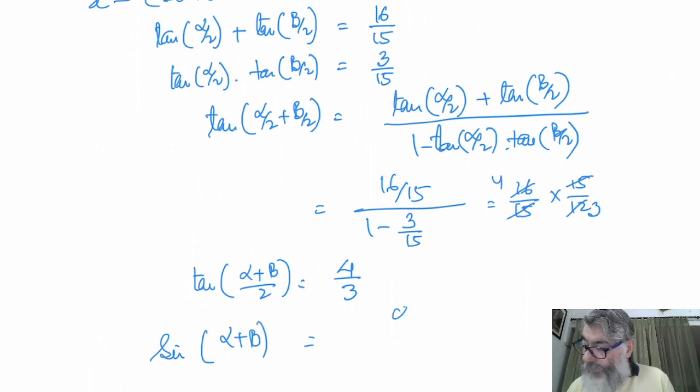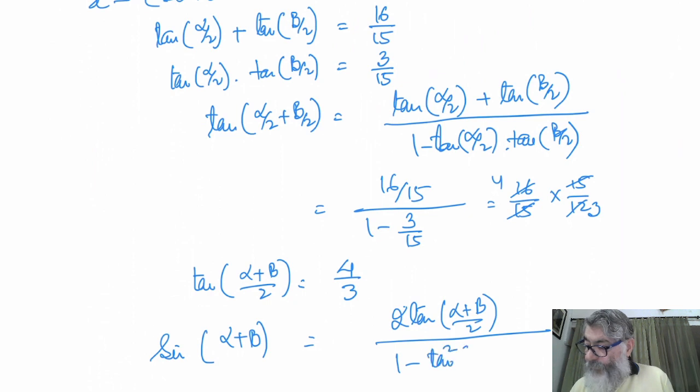It is 2 tan of (alpha plus beta upon 2). On the left side it is one angle, then half is on the right hand side, upon 1 minus tan square of (alpha plus beta upon 2).